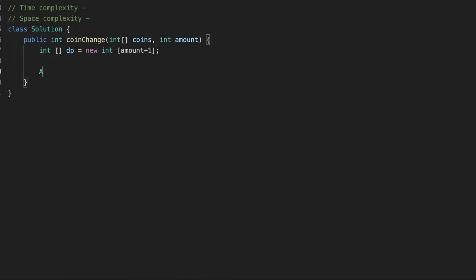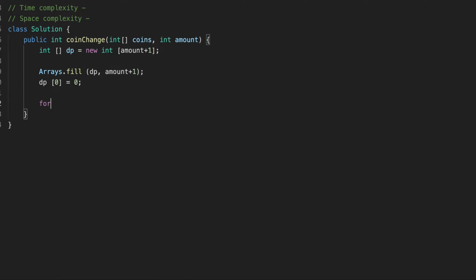Let's fill our dp array with the value amount plus 1, right? And for the value equal to 0, when the amount is equal to 0, we need 0 coins to build that.